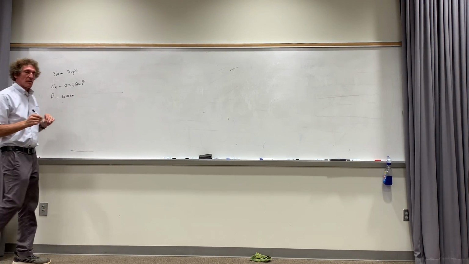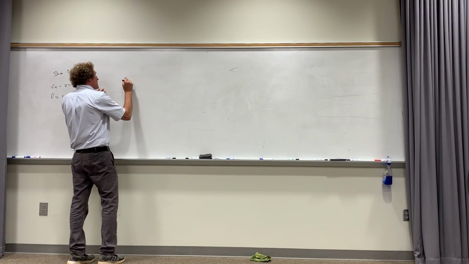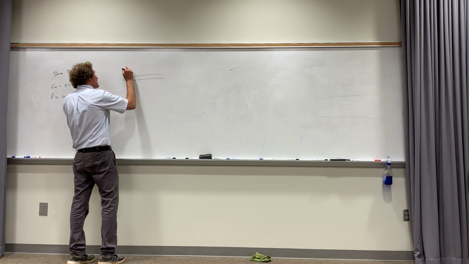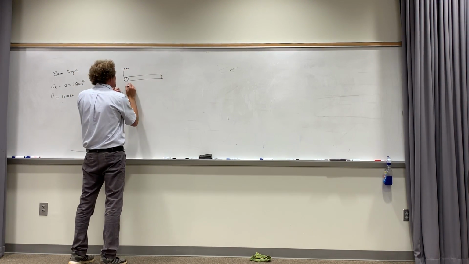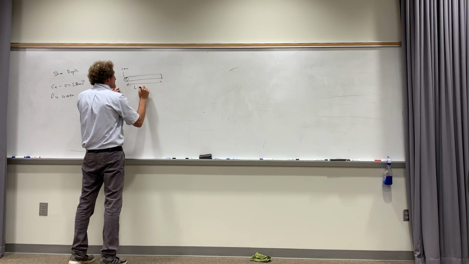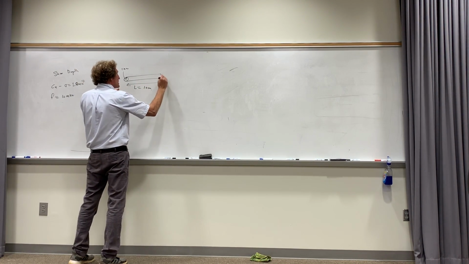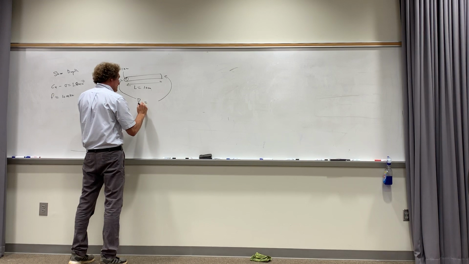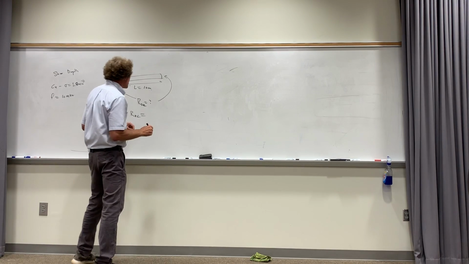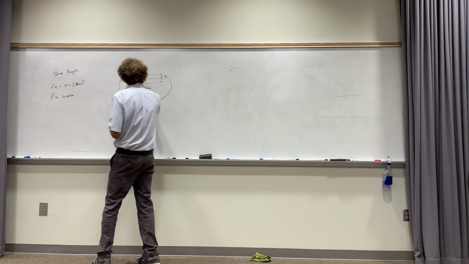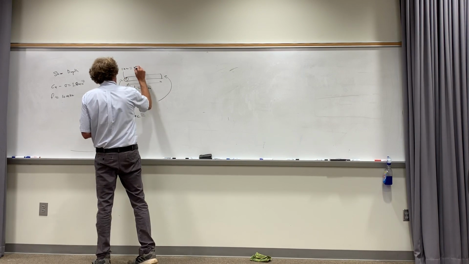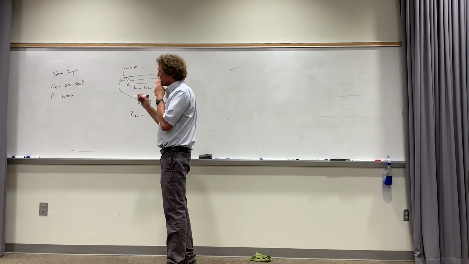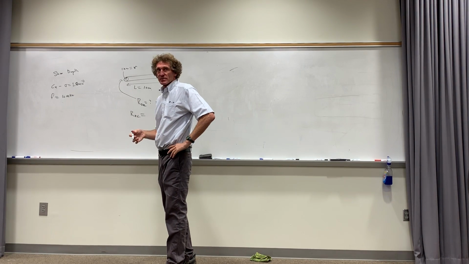And now I have some wire, and let's say the wire has a radius of 1 millimeter, and the wire has a length of 10 meters, and I want to know the resistance of that, but I want to know it for DC. DC means for DC current, nothing time varying. So I've got 1 millimeter as the radius, that's equal to R. The length is 10 meters, and I want the DC resistance, and I gave you the conductivity. DC means it's not a function of frequency.